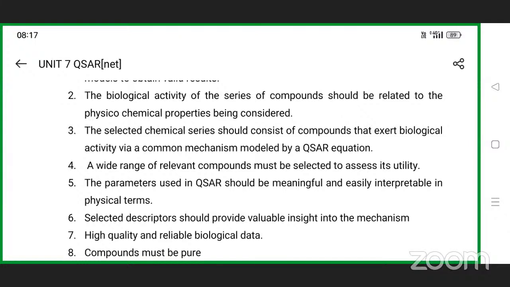So selecting fewer compounds in the series means the probability of getting a result is less, and selecting more compounds means the probability of getting a good result is more. So you have to select relevant compounds in large number.